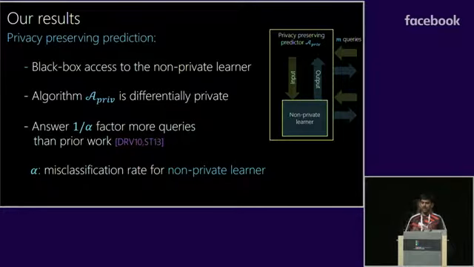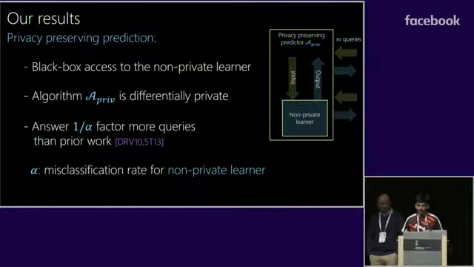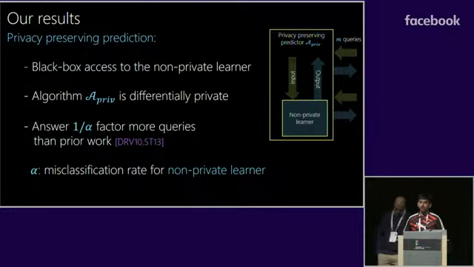So just to give a high-level idea of the kind of results we have, we designed black box algorithms with non-private learners. Our algorithm is differentially private. Furthermore, as compared to the prior work, it can answer at least 1 over alpha more queries than the prior work, where alpha is the misclassification rate of the non-private learner, which basically means if you have a very strong non-private learner, then you can boost up the number of queries you can answer for the same privacy, and accuracy goes up significantly higher as compared to the prior work.